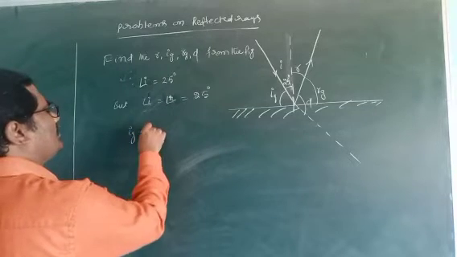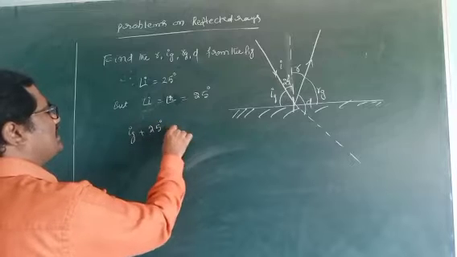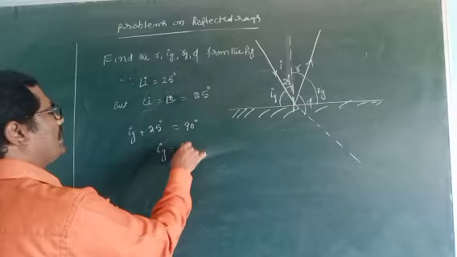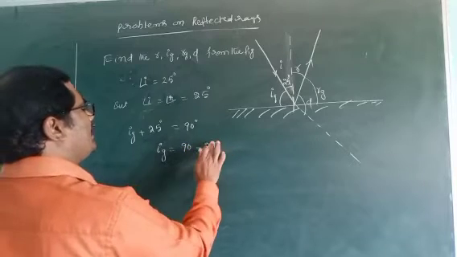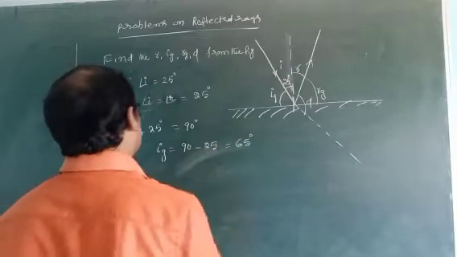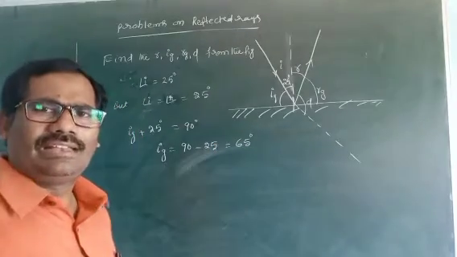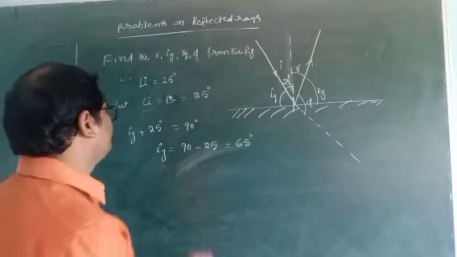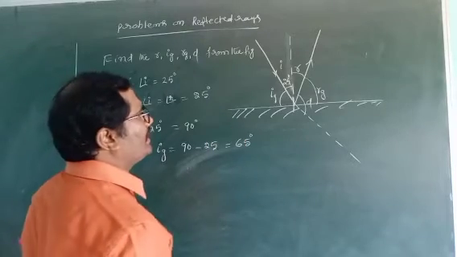Ig plus the angle of incidence 25 is equal to 90 degrees, so Ig is 90 minus 25, which is 65 degrees. That is the glancing angle of incidence, Ig equal to 65 degrees.